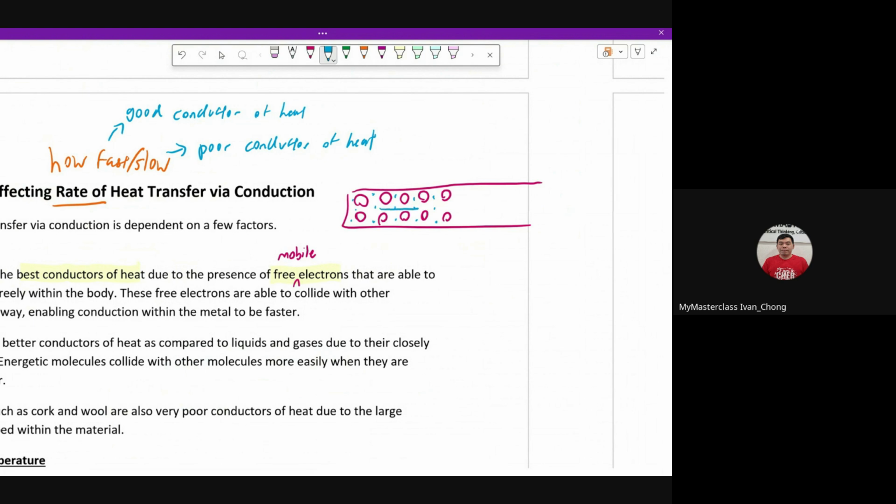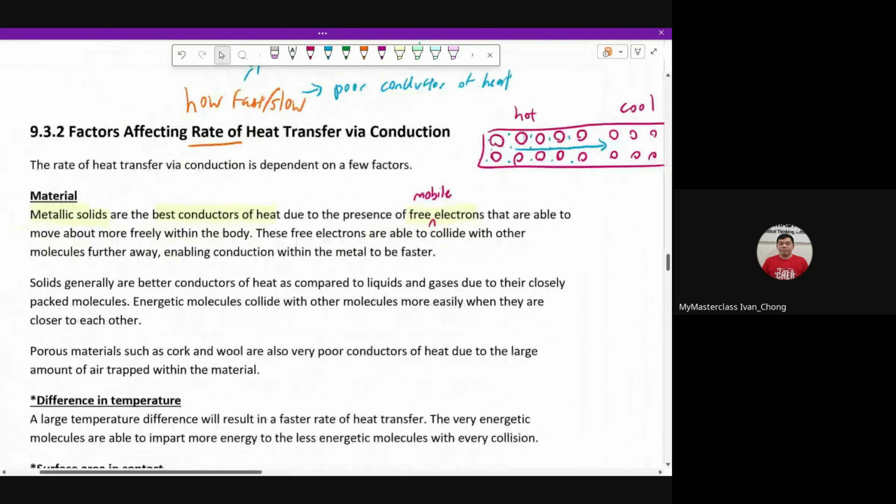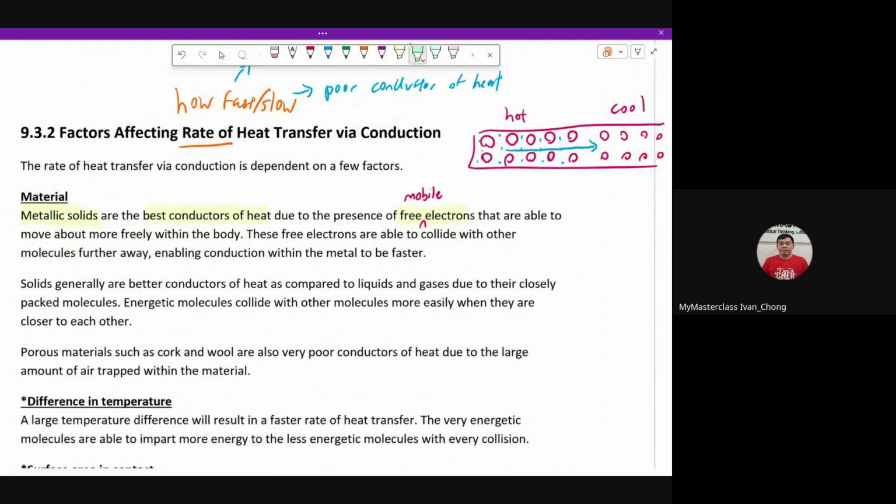These electrons can move directly through the gaps all the way to the colder part. So they can transfer energy much faster compared to just particle vibration. Because of these extra free mobile electrons, you can conduct heat faster.